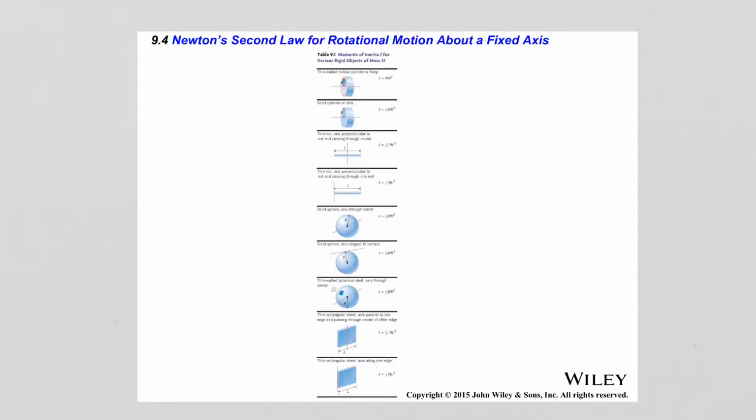And so the formulas for the moments of inertia of various types of symmetric objects have been calculated, and in this table they are provided to be used when solving problems.